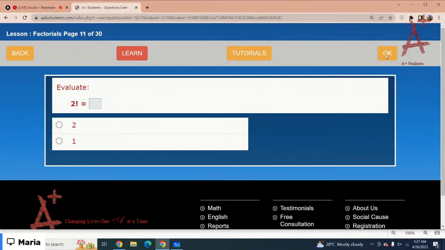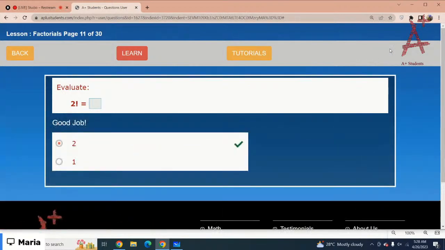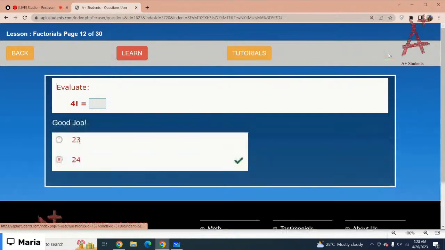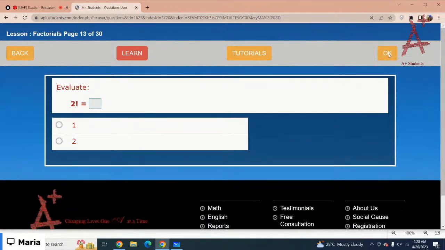2 factorial equals 2 times 1. So the correct option is 2. 4 factorial equals 4 times 3 is 12 and 12 times 2 is, yes, that would be 24. 2 factorial equals 2.